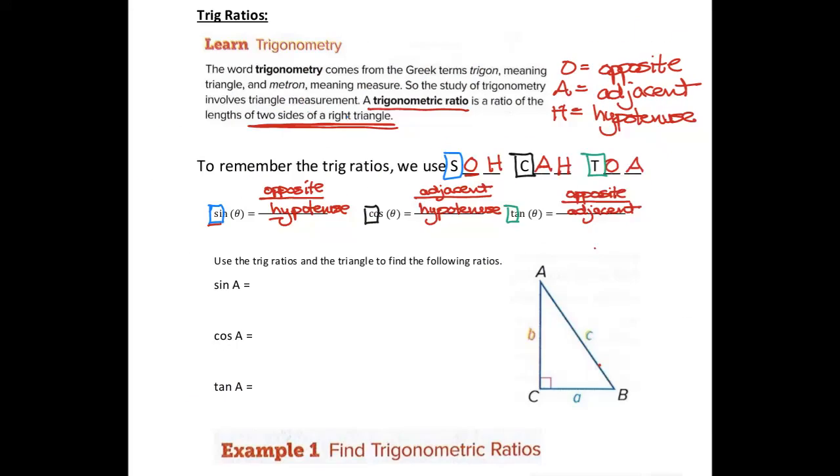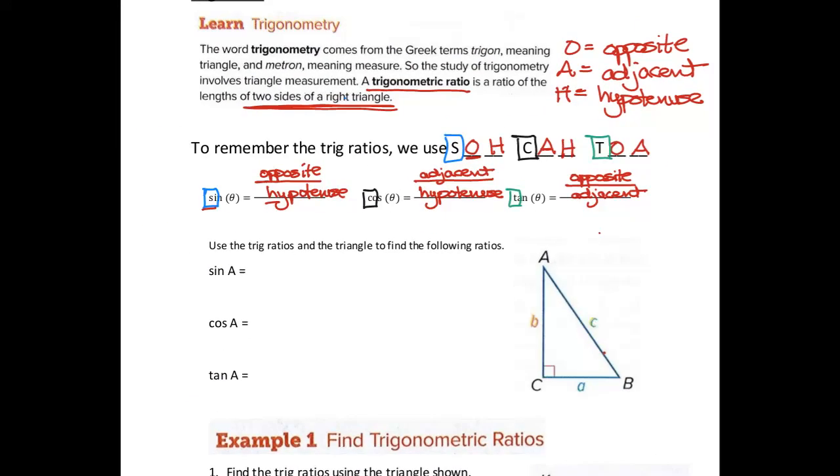So it is very important for you to remember the phrase SOHCAHTOA. We are not going to give you that phrase. You have to remember it, and more importantly, you have to remember to spell it in this way. So it's S-O-H for SOH. CAH is C-A-H.